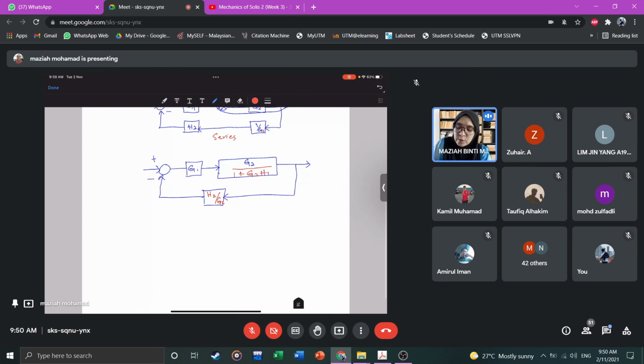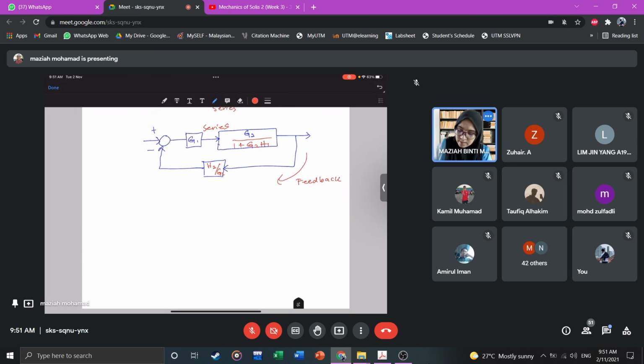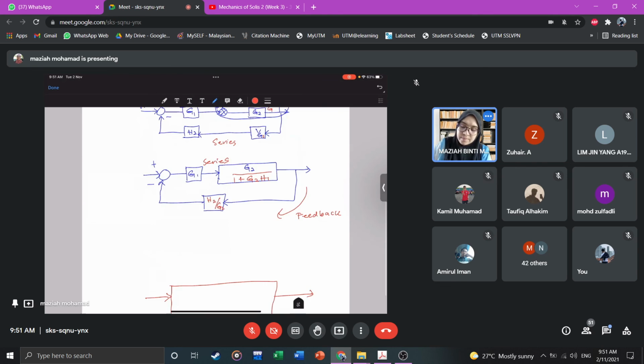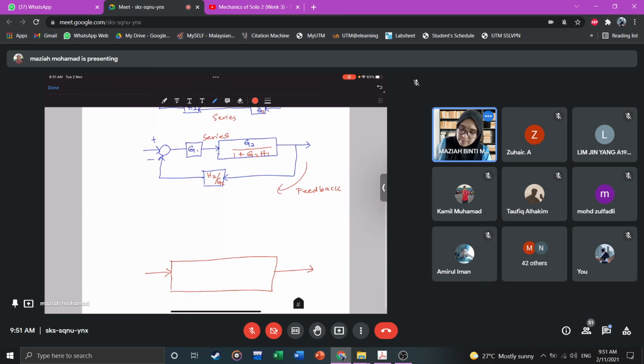We're going to combine this one here in series, and this one here is feedback. So try to solve your feedback, and you will get the final transfer function, which is C over R. So the input is R, the output is C.